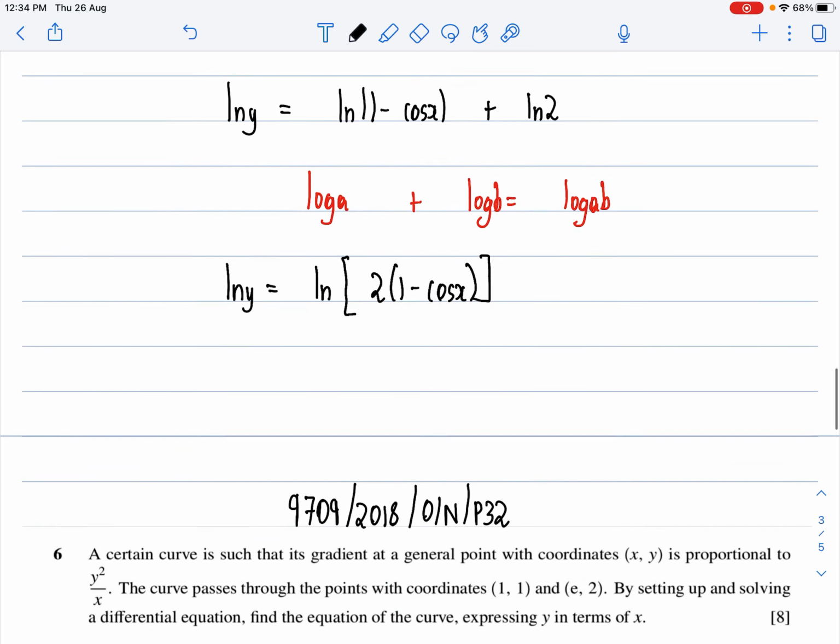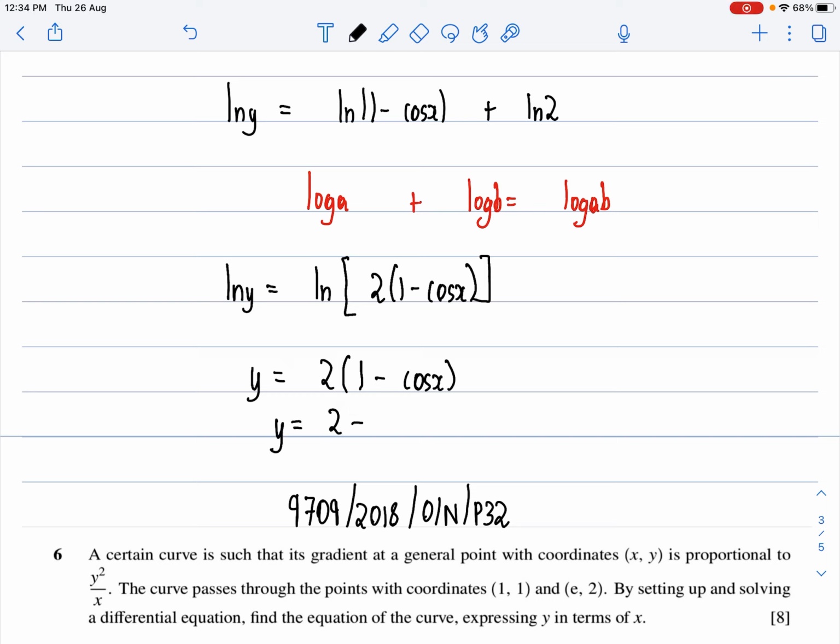Now I can cancel ln on both sides and write y equals 2 into (1 minus cos x), which is y equals 2 minus 2 cos x. So this is y in terms of x, which is my final answer.